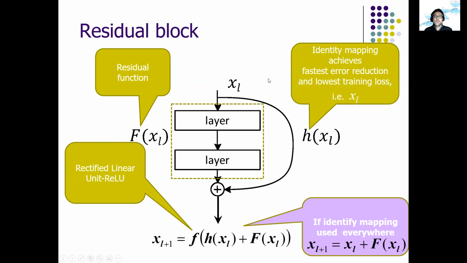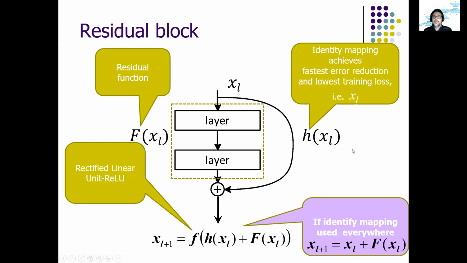Okay, and then what you have is these direct connections or skip connections from the input of the residual block to the output. So this is the input signal that the whole block receives, and this bypasses the block and is added to the output of the block.